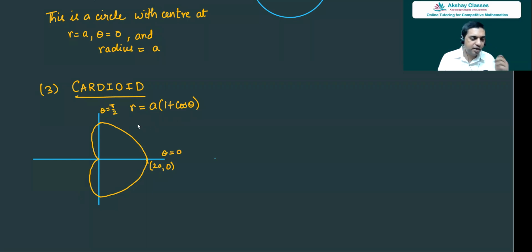When theta equal to pi by 2, we get R is equal to a. When theta equal to minus pi by 2, again R is equal to a. This part is theta equal to minus pi by 2. Here this line will be theta equal to pi.